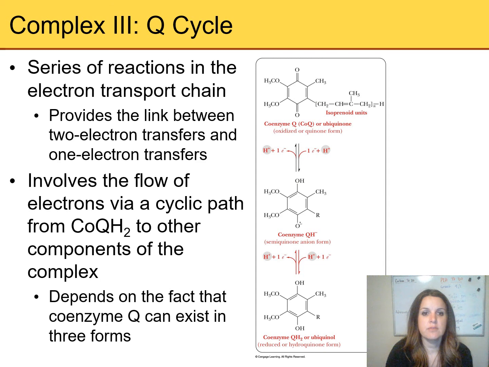And basically, it involves the flow of electrons via cyclic path from coenzyme Q to other components in the complex. And the reason for that is that coenzyme Q can carry two electrons, whereas cytochrome C and the other cytochromes can only carry one electron at a time. So it actually depends on the fact that coenzyme Q can exist in three different forms. The oxidized form, which you see at the top, the semi-reduced form, which you see in the center, and the fully reduced form that you see on the bottom.